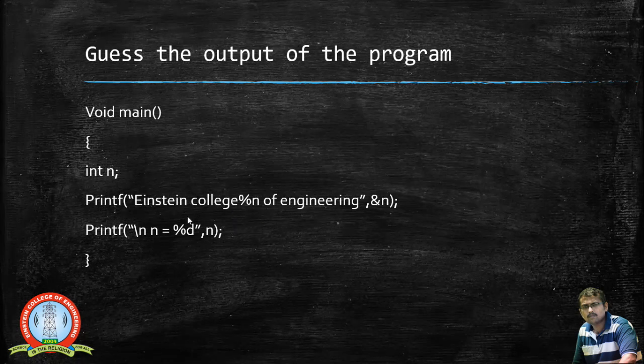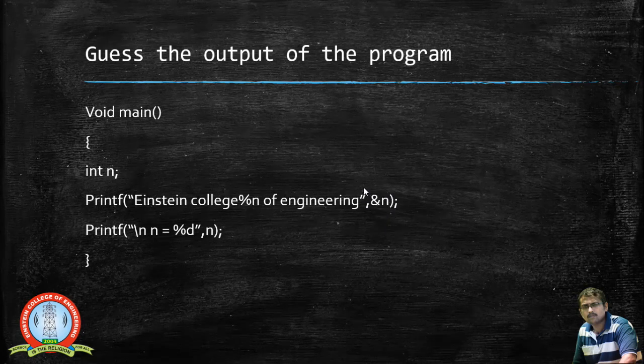Now in this case I am not having any value for this n, but inside the printf statement I am giving a percentage n, and I am trying to get the value of n using an ampersand symbol.